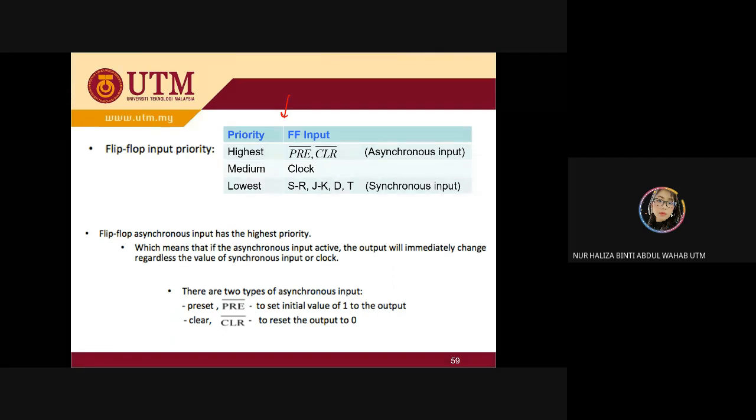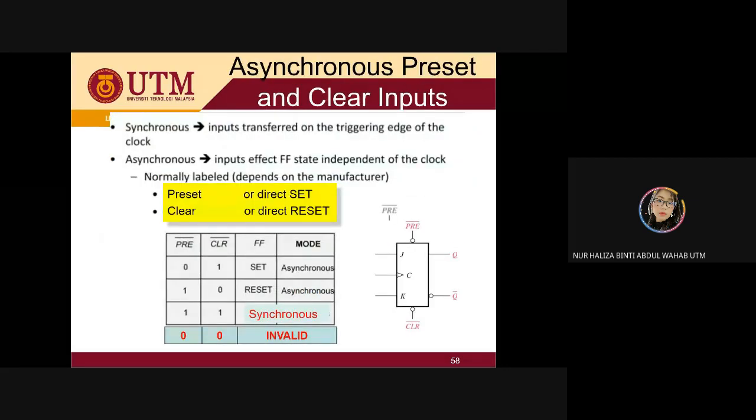So the priority, which first you need to consider? First, you need to look into the value of pre and clear. That's why you need to remember the table. 0, 0 is invalid, 0, 1 is set, 1, 0 is reset, and 1, 1 is synchronized, means that you need to look into the flip-flop inputs.